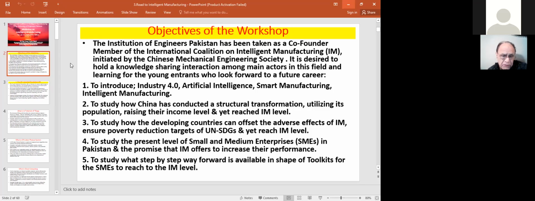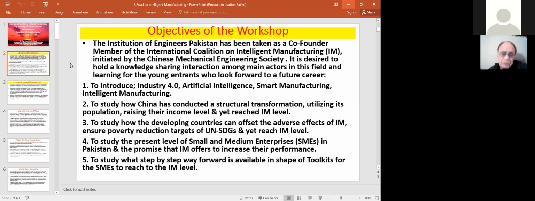First is to introduce Industry 4.0, 4.0 they call it. And what does Industry 4.0 really mean? It involves artificial intelligence and smart manufacturing and intelligent manufacturing. So these terminologies are basically some loose terms around, and there are some little bit of differences as we use these terms.